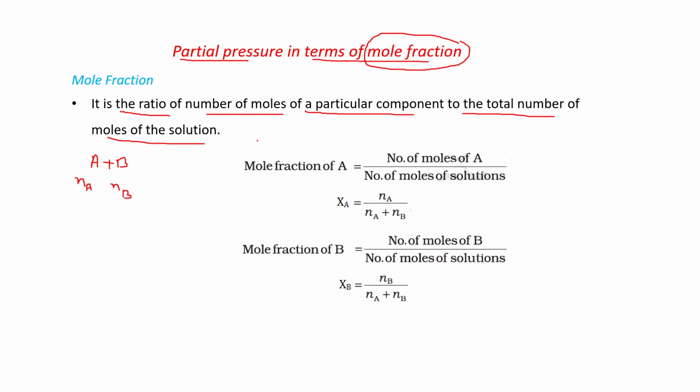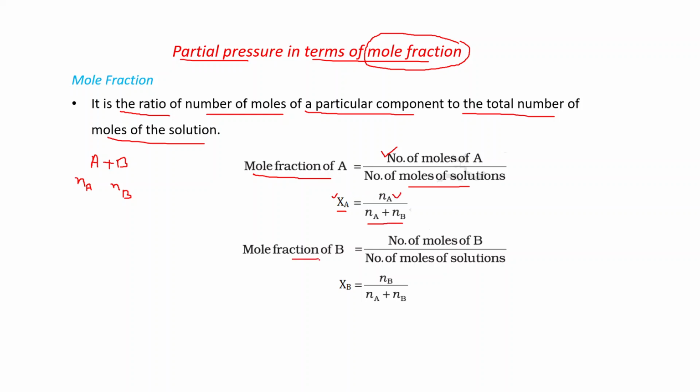Then, according to this definition, the mole fraction of A is equal to the number of moles of A in the mixture divided by the number of moles of the solution, that is, the total number of moles present in that solution. We can write XA. Mole fraction is represented by X, and XA means the mole fraction of component A. This is equal to Na divided by Na plus Nb.